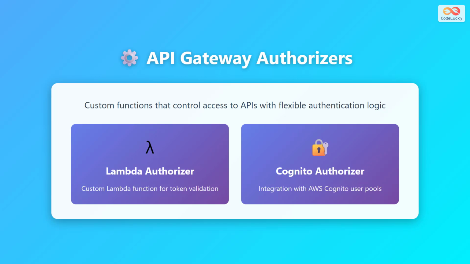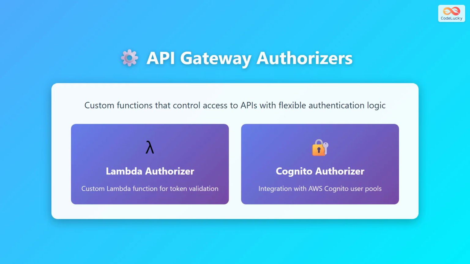Now let's explore API Gateway Authorizers, which are custom functions that control access to your APIs with flexible authentication logic. There are two main types of authorizers. Lambda Authorizers use a custom Lambda function for token validation, giving you complete control over the authorization process.